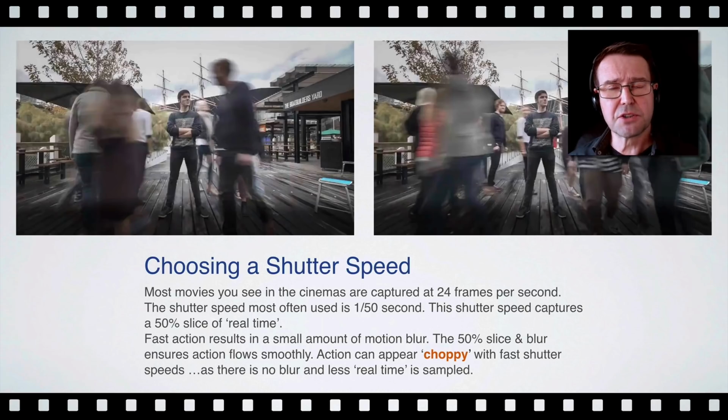Typically in the movie industry they usually use a shutter speed that's maybe double the frame rate. So if we're shooting at 24 frames per second, we'd choose a shutter speed of 1/50th of a second, which is close to that double. Sometimes it's referred to as the 180-degree angle. Okay, so that is the traditional way of shooting movies, just with a small amount of movement blur.